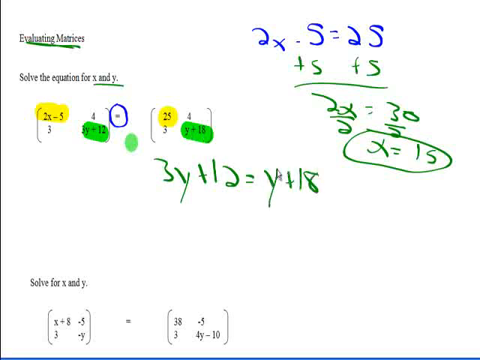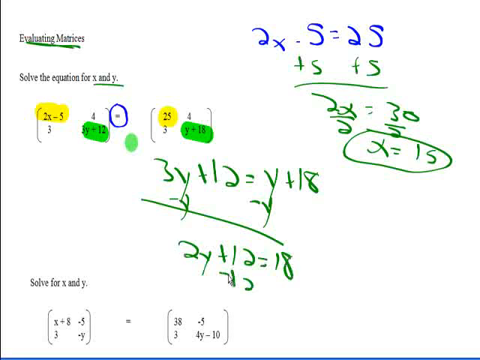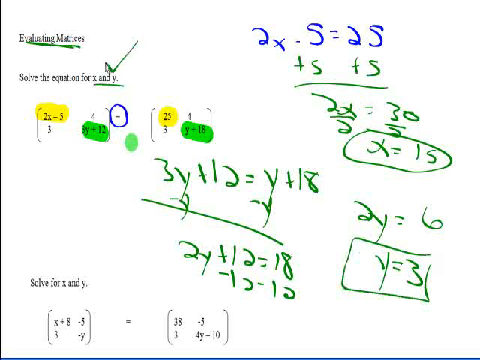So we have variables on both sides now, so maybe get rid of this y, move that over. 2y plus 12 equals 18, so that's minus 12, minus 12. 2y equals 6, divided by 2, we get y equals 3. So I have x and y, that's all done.